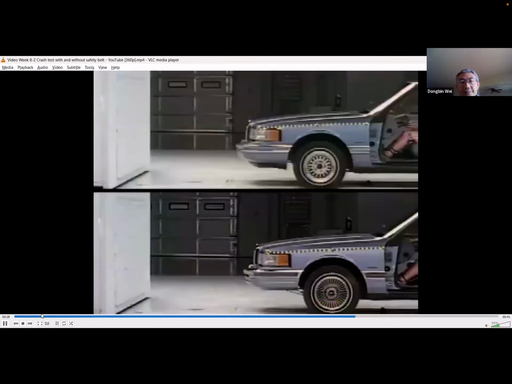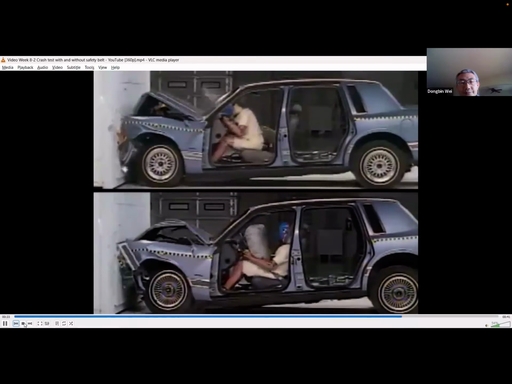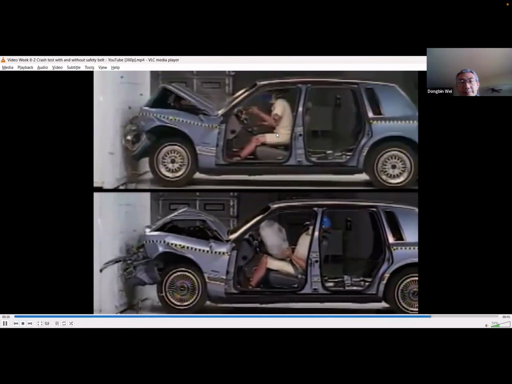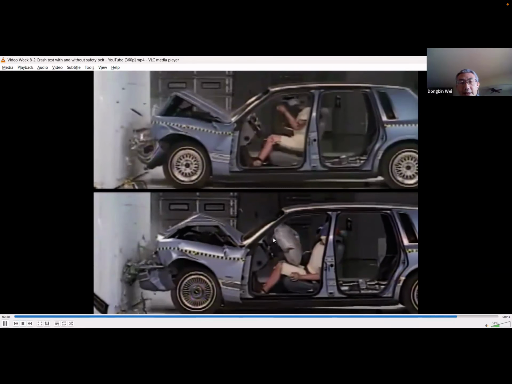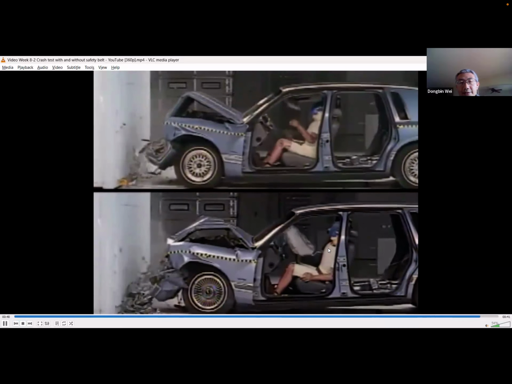And compare one without seat belt and airbag, and another one with airbag and the belt.